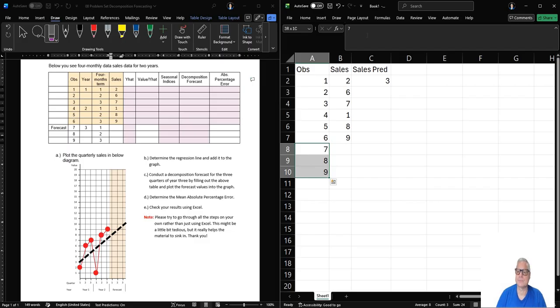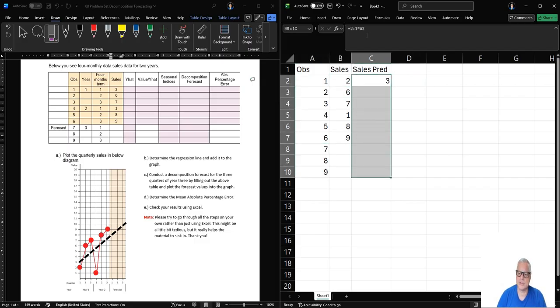Okay. So now I can forecast the linear trend into the forecast period, periods 7, 8, and 9, so year 3.